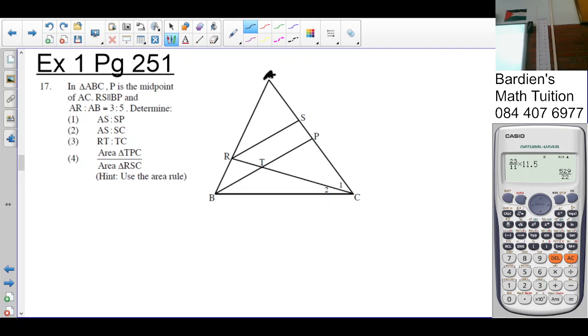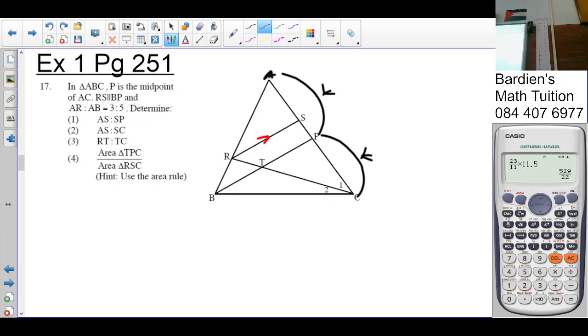Right. We know that P is the midpoint. So if P is the midpoint, what do we know? That this will be K and that will be K. So they're equal in length, so it's 1:1. P is the midpoint of AC.